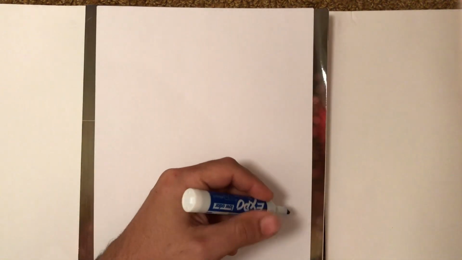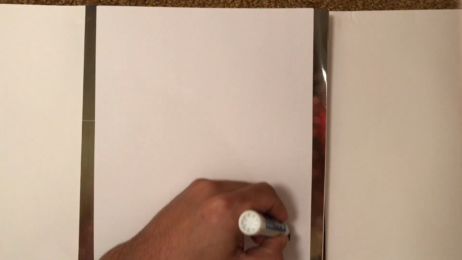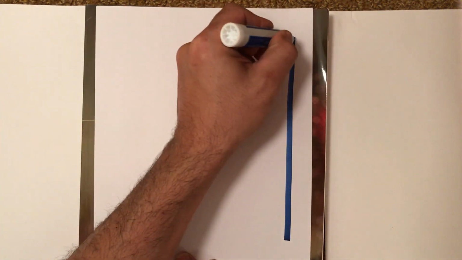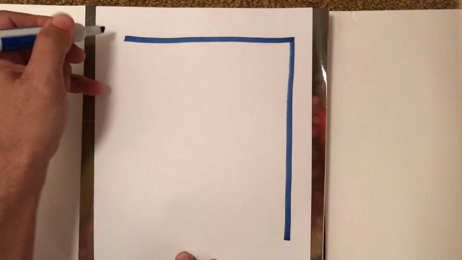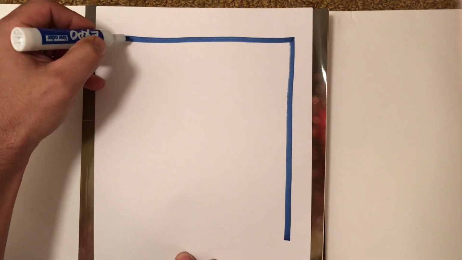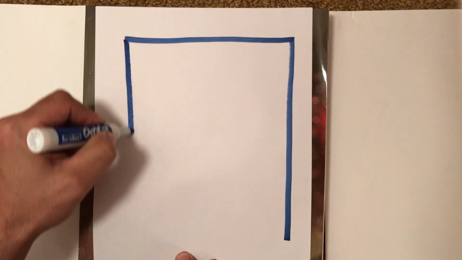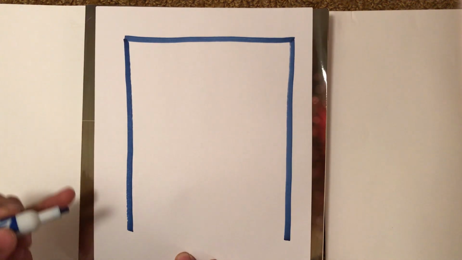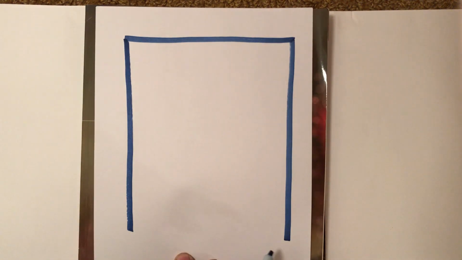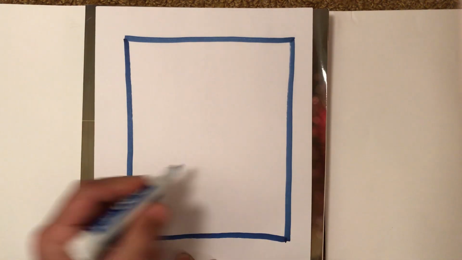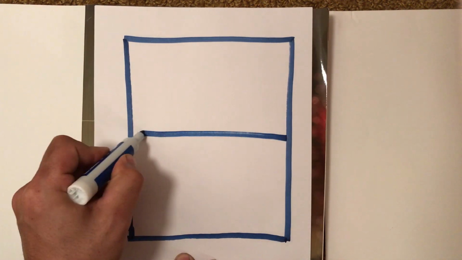And so we'll start by making some boxes. And since there are 8 blood types in the ABO blood typing system, we'll make 8 rows and just a couple of columns. Okay, so 8 rows.